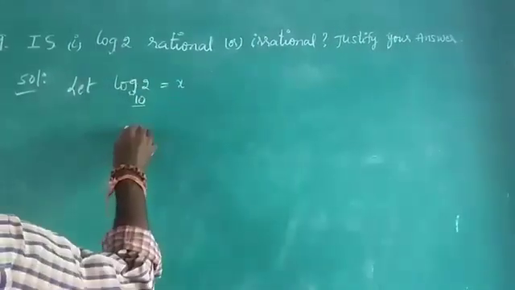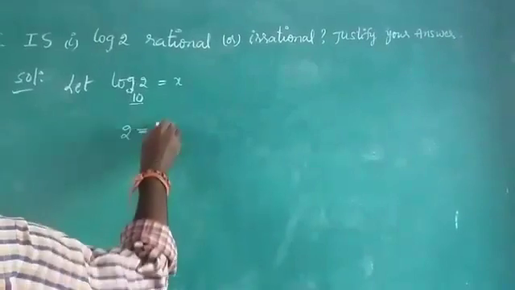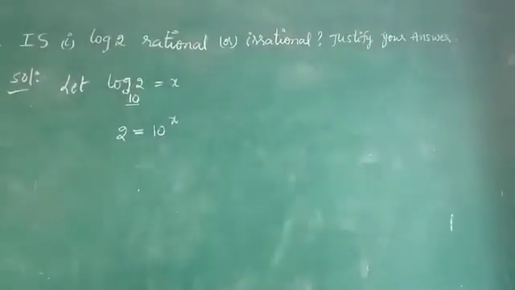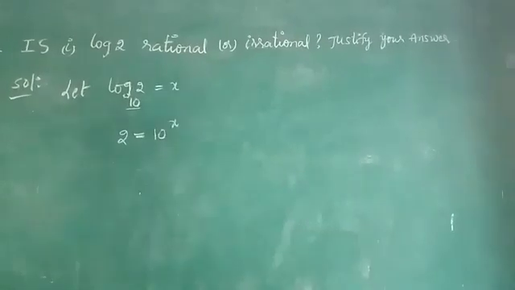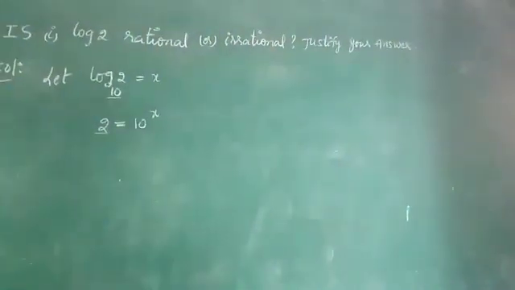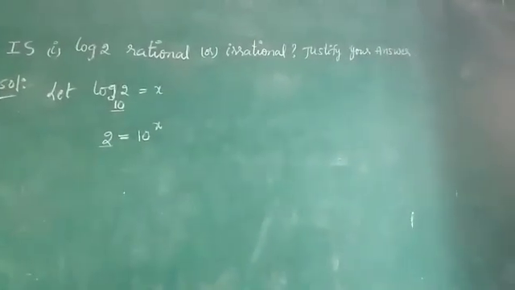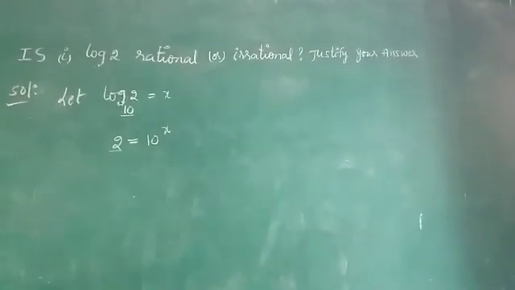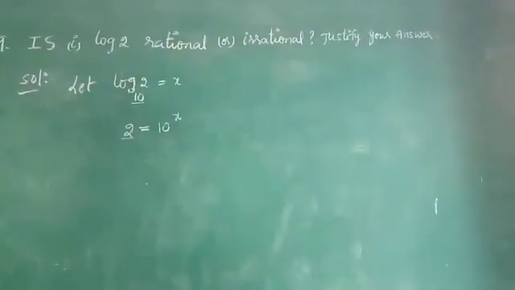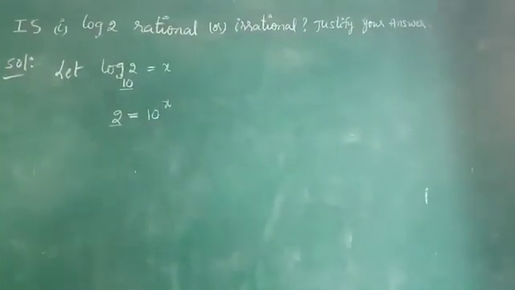So it will become 2 is equal to 10 to the power of x. Can you write this 2 as 10 to the power of x? Is it possible? It's impossible, right? 2 you cannot write in the form of 10 to the power of anything.